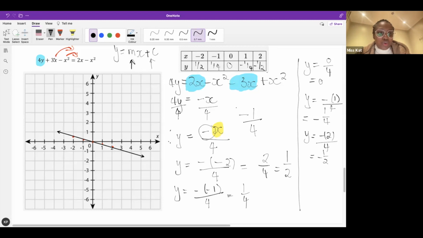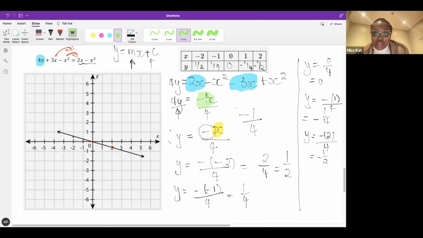Okay, so we moved all of these over, right? So they gave us 2x minus x squared, which was already on that side. Positive 3x became negative, and negative x squared became positive. And then we added like terms. What's 2x minus 3x? It's negative x. That's where that comes from.